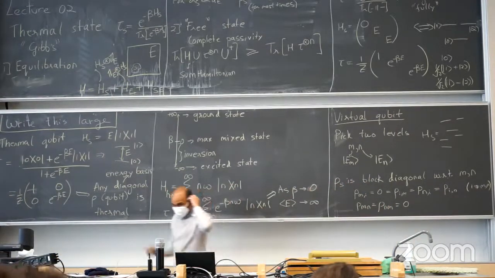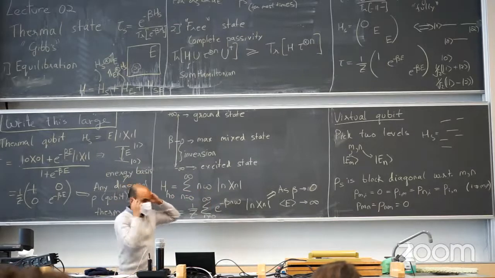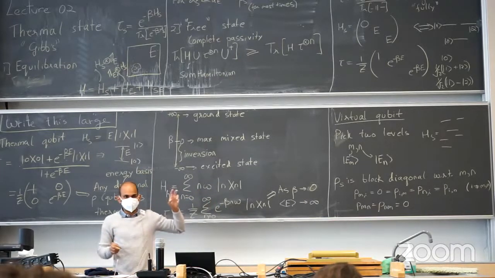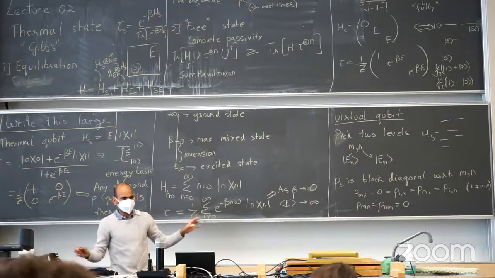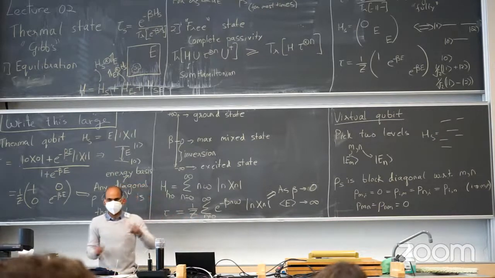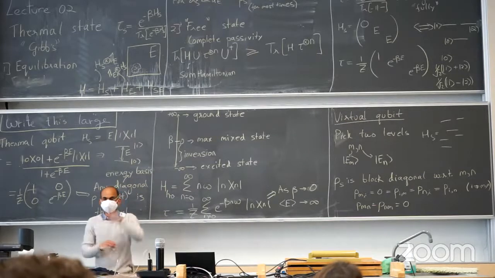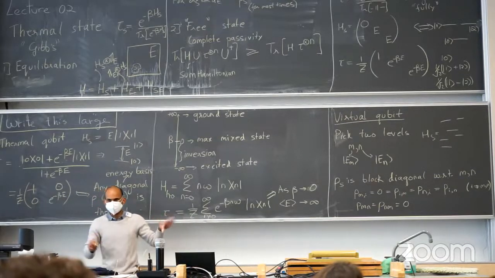So what I've done essentially is I've said the coherence, so the off-diagonal elements involving the energy levels M and N are all 0. So within that subspace, the state is completely diagonal. It can be something very complicated otherwise, but within that subspace, it's completely diagonal.